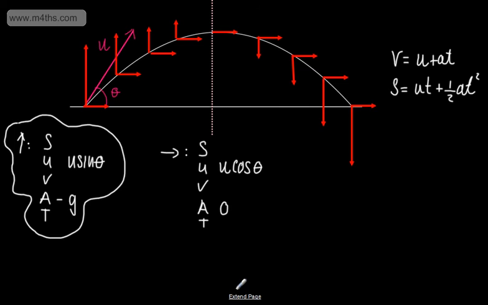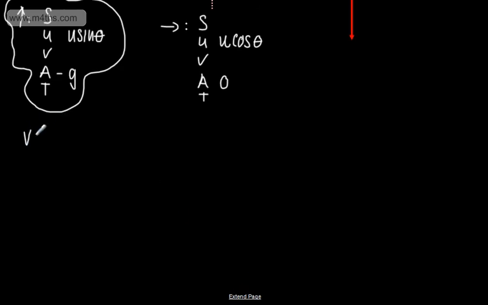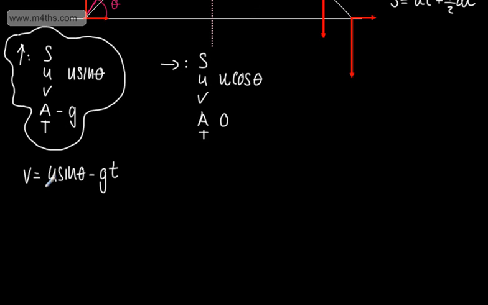We can say that v is going to be equal to u sin theta minus at, which becomes gt. This we're going to use a fair bit. We can say the displacement, and this is the vertical displacement, s will be equal to ut, so that will be u sin theta multiplied by t minus now 1/2 gt squared.